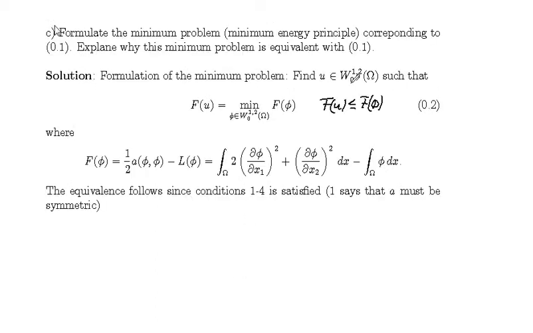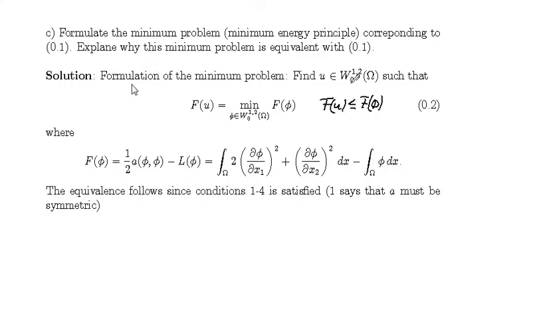So in part C, we are asked to formulate the minimum problem corresponding to this weak formulation. And we are also asked to explain why this minimum problem is equivalent with this weak formulation.